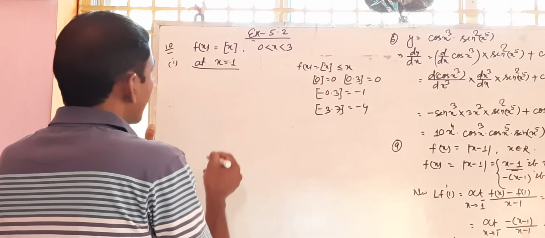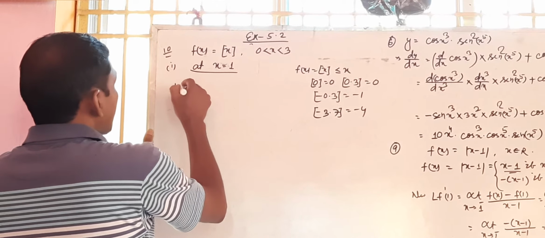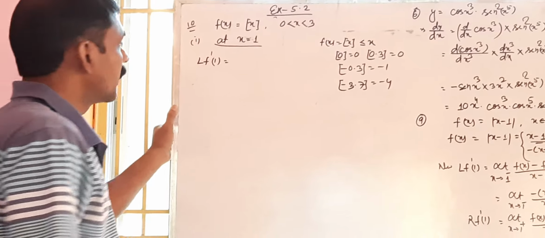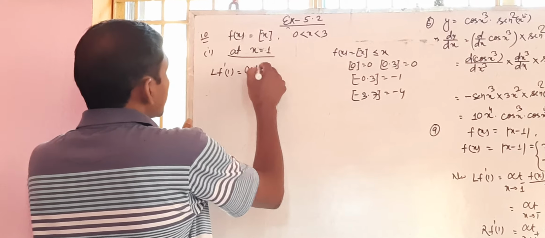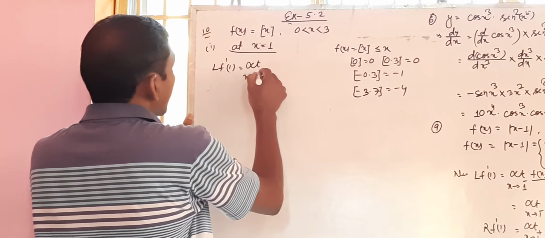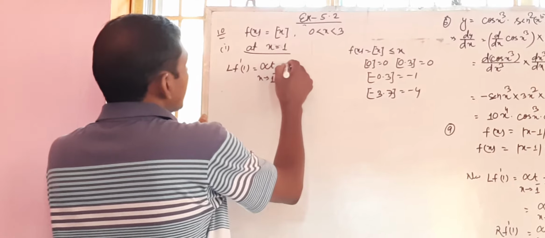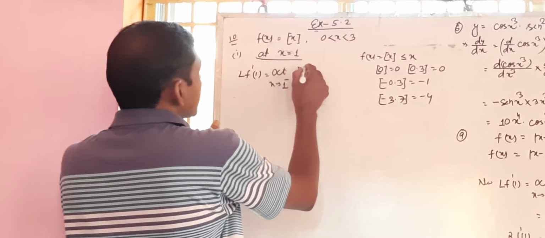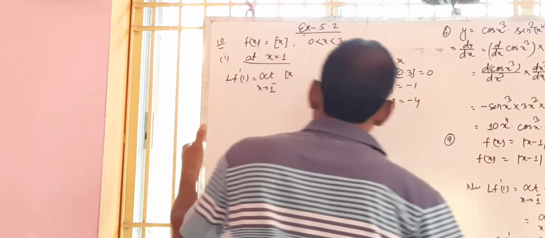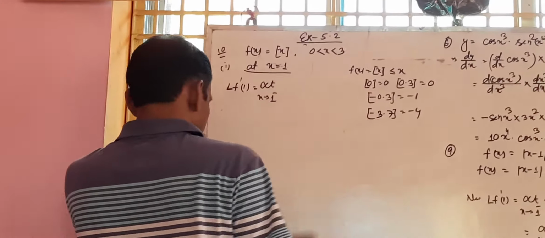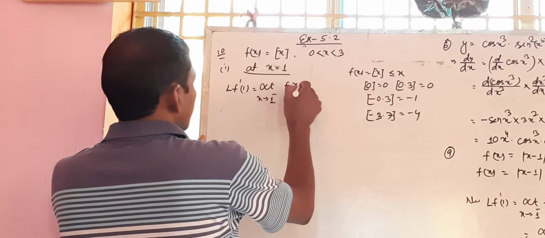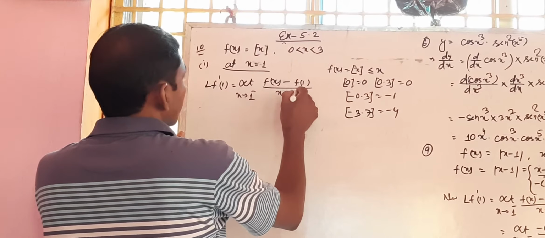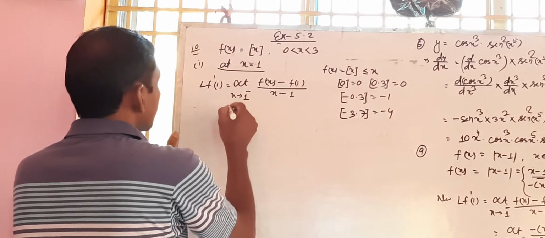So at x equal to 1, we have L f dash of 1, the left hand derivative. It is limit x tends to 1 minus of f of x minus f of 1 by x minus 1.